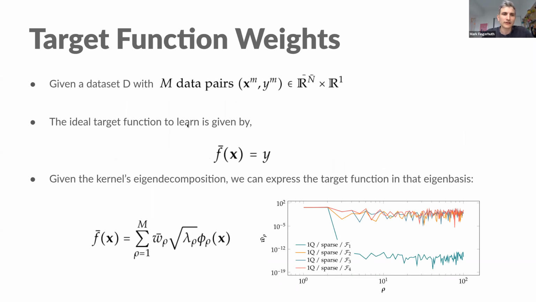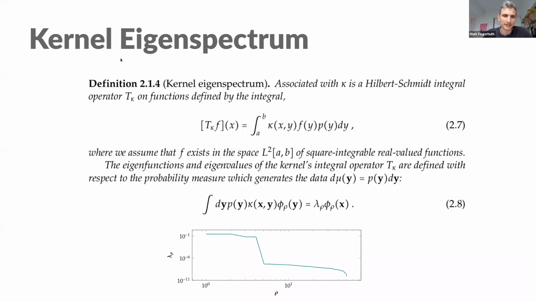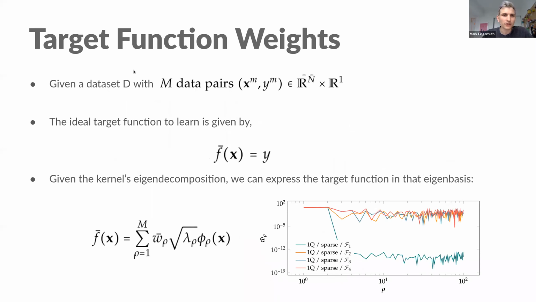So now that we know that we can get an eigenspectrum of our kernel, we also know that if we have a data set D with m data pairs, x and y, the ideal target function that we're trying to learn is this function f, where f of x should give us y.